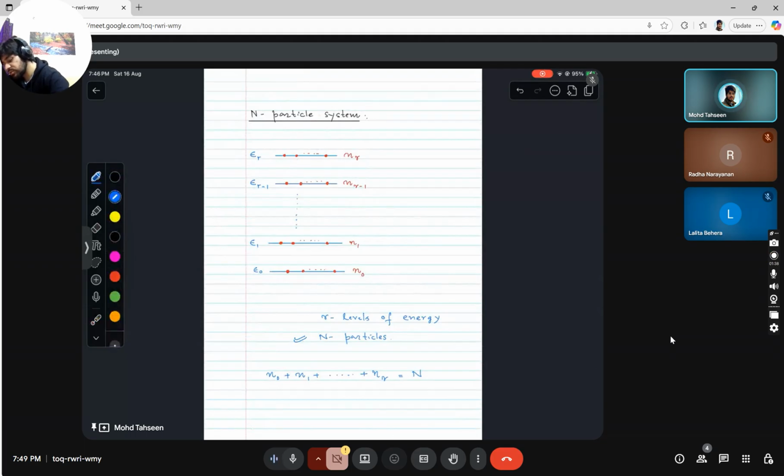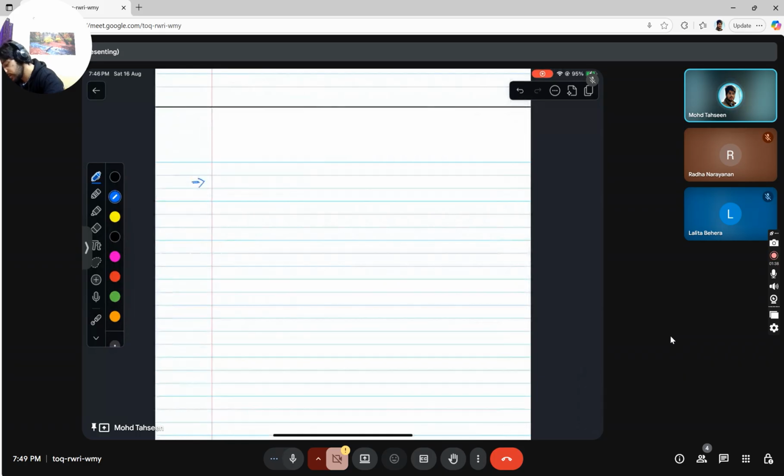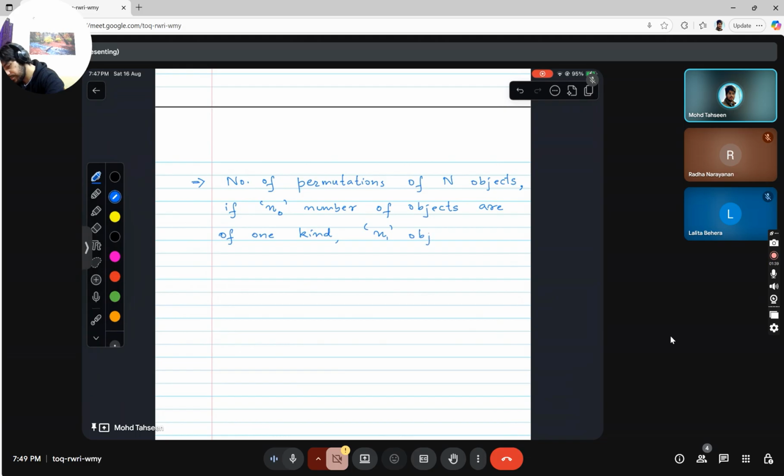I have to use a much more general approach, and I will use this well-known result from probability: the number of permutations of n objects, if n0 objects are of one kind, n1 objects are of second kind, and so on, right?